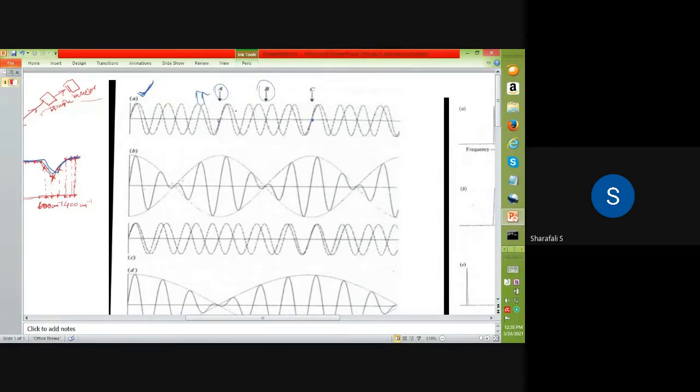So between these two points, we can have interference, because when you have different waves traveling with a phase difference, we can have an interference pattern, and these two frequencies will interfere.